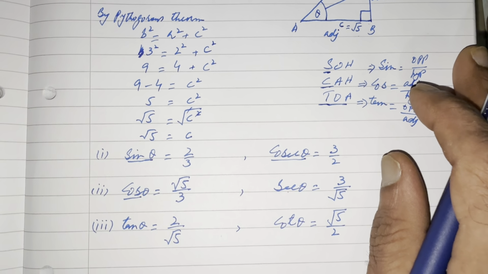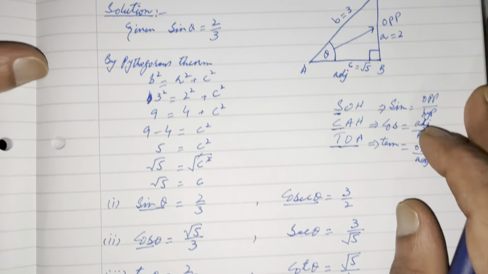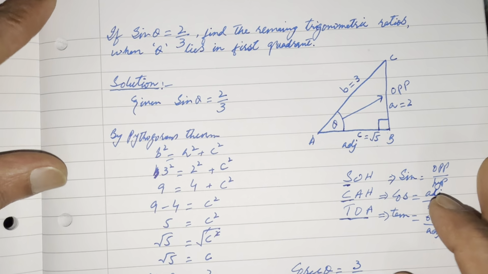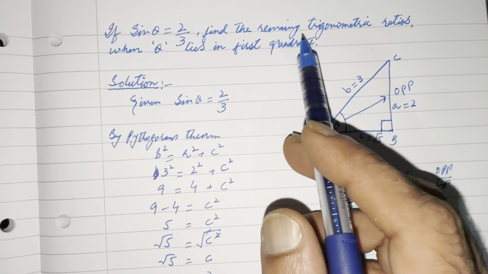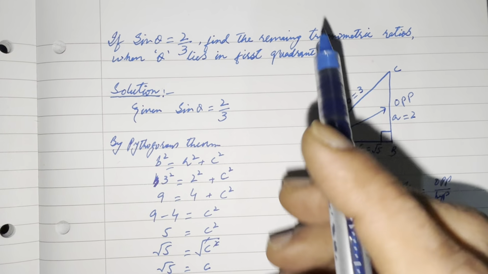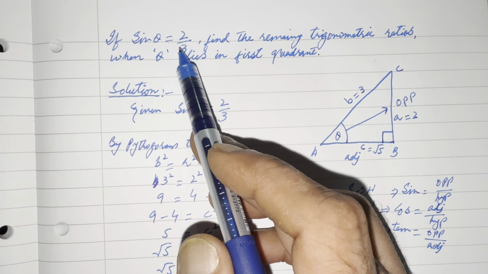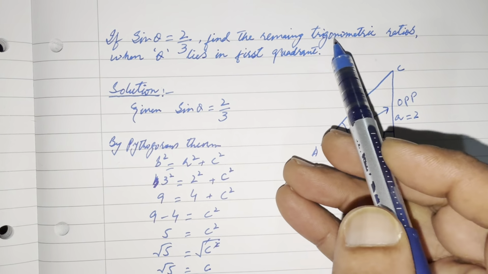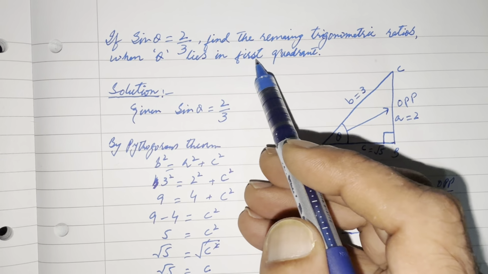One more important thing that you have to remember: when the statement is given, be careful when drawing a picture with the help of this statement. As the statement shows sine theta is equal to 2 over 3, then find the remaining trigonometric ratios when theta lies in the first quadrant.